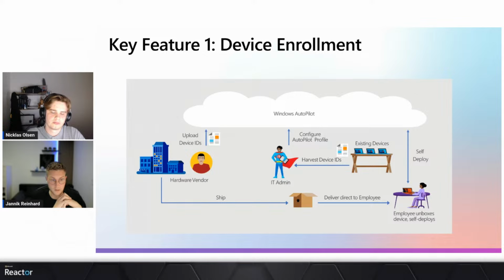They have an out-of-the-box experience for how they can enroll these devices. The devices will connect to the cloud. The cloud detects that this device is registered for a specific tenant, and then you will land at your organizational page. You will see your logo. The user can authenticate, and that's it, more or less. Everything else will be handled by Autopilot.